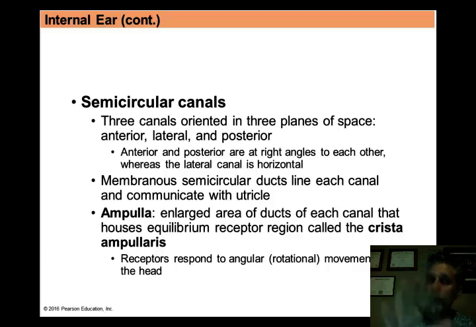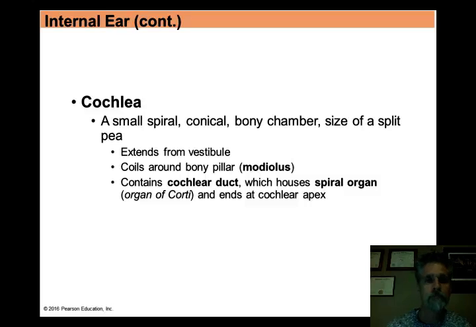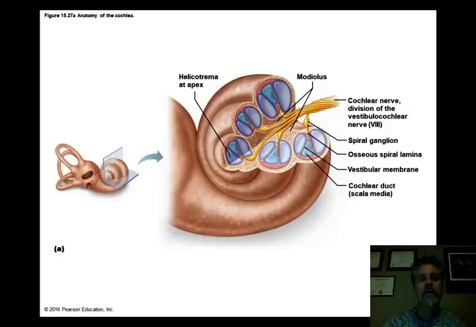So both the vestibule with the utricle and the saccule and the semicircular canals are giving us our sense of equilibrium, but slightly different types. Then we have, like we said, the snail-like cochlea. So we'll look at the inner structure of the cochlea coming up and focus on hearing first and then wrap up with equilibrium.